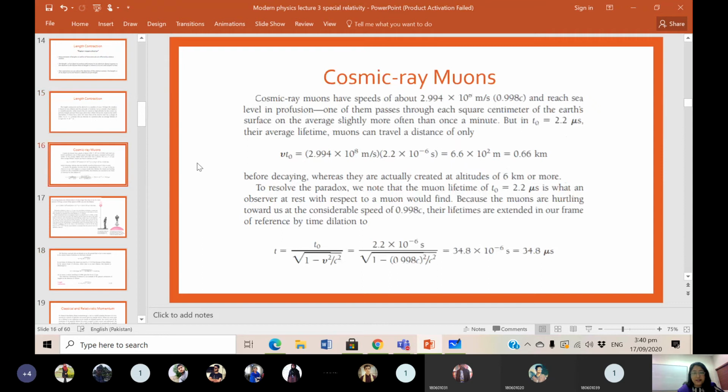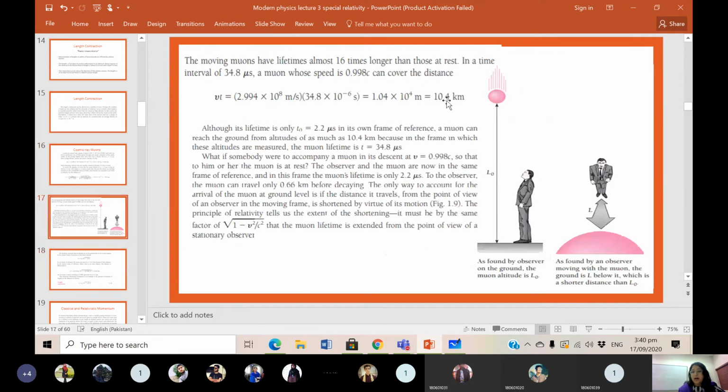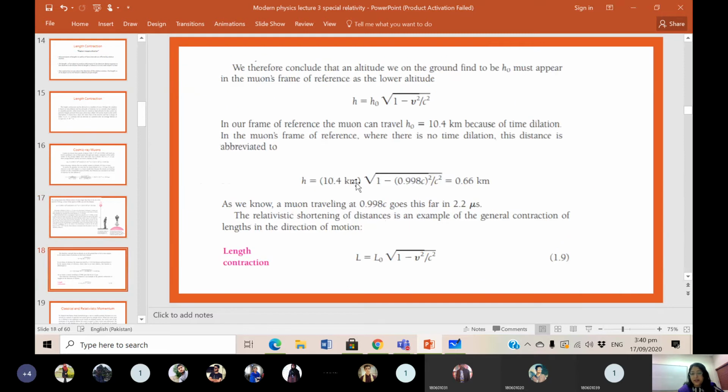Because we calculated it using the dilated time that we observed, and its own velocity. 10.4 kilometers is the distance that the muon would travel according to an observer on Earth. Now we want to find the distance according to the muon's frame of reference.